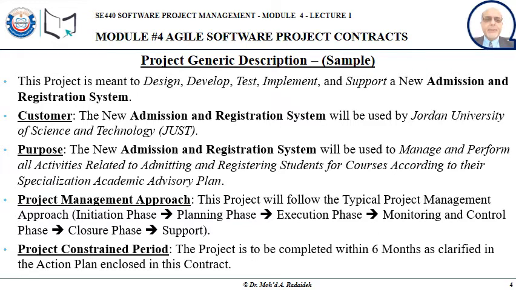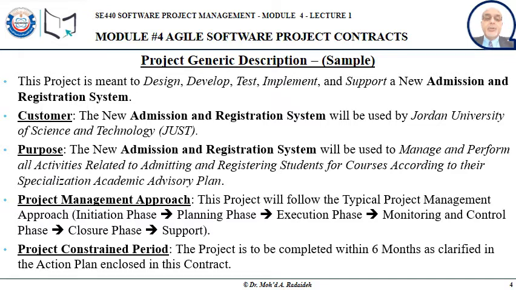The customer is, as indicated by the second statement, the new admission and registration system will be used at or by Jordan University of Science and Technology. So here we define the customer. Then what is the purpose of the system? It will be used to manage and perform all activities related to admitting and registering students for courses according to their specialization academic advisory plan.